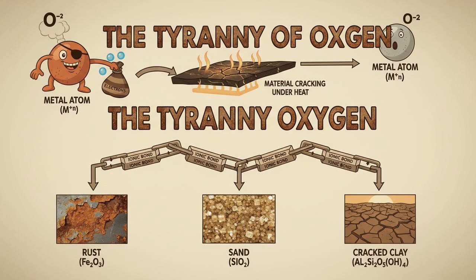When you heat an oxide, those ionic bonds vibrate and stretch. This causes the material to expand, and under thermal shock, it cracks. Furthermore, because oxygen is so social and reactive, these materials corrode in extreme environments. They have a ceiling on their performance.